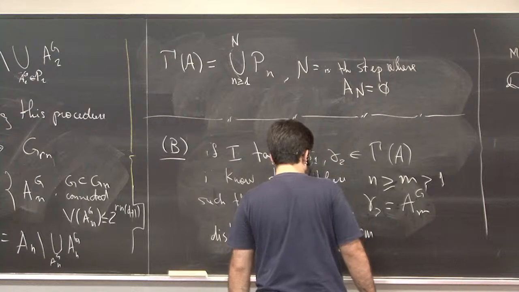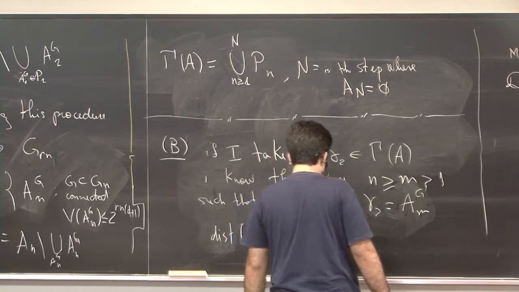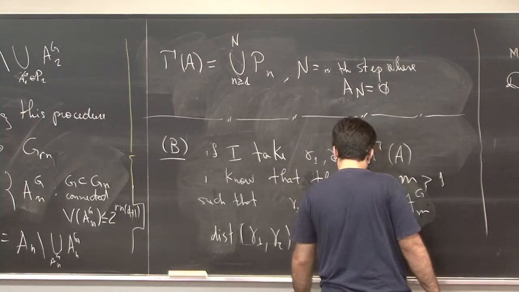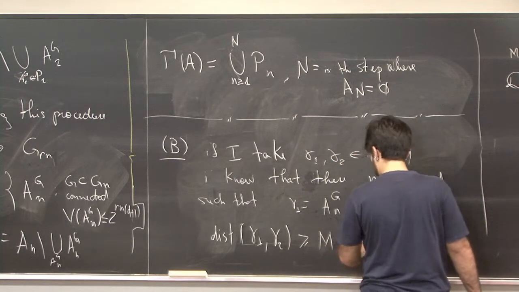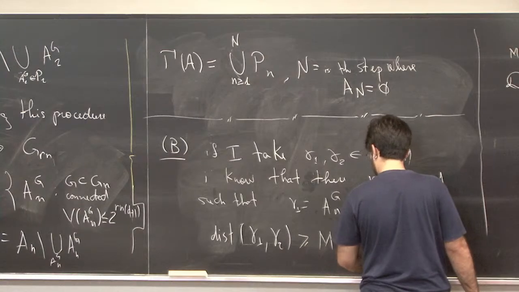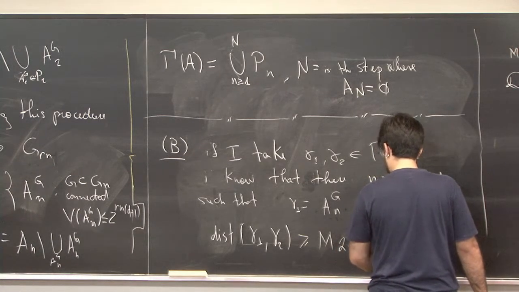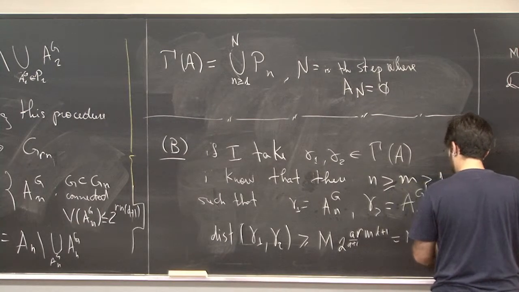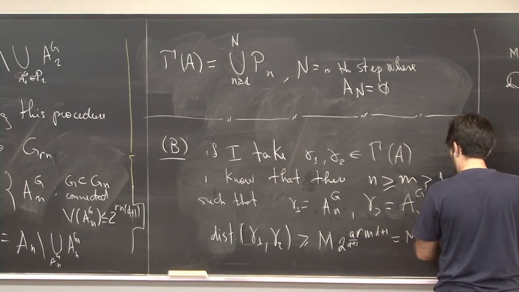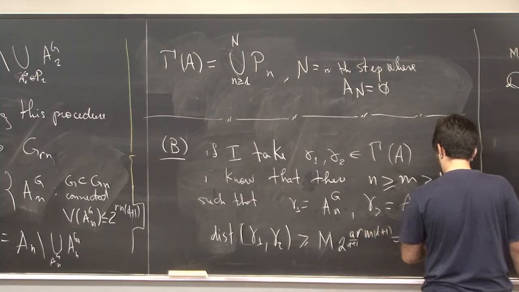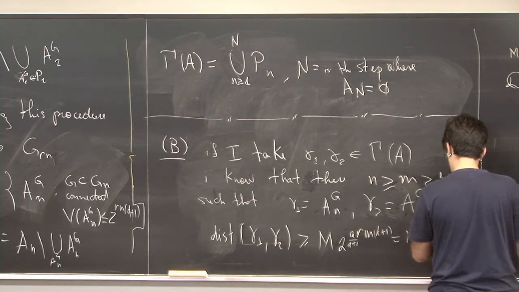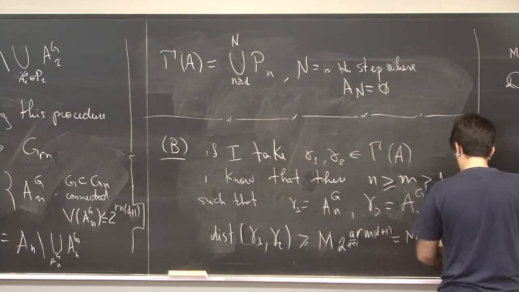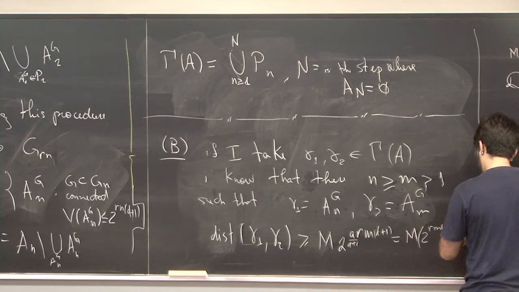But okay, what this means is that if I divide this by d plus 1 and multiply it by d plus 1, what I get is m times 2 rm d plus 1, to some power a over d plus 1.